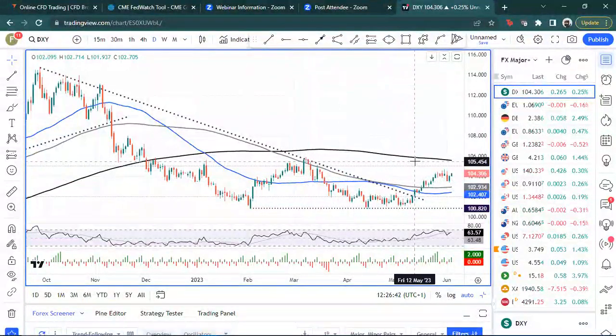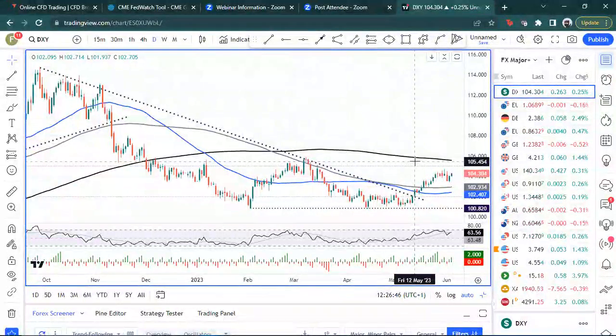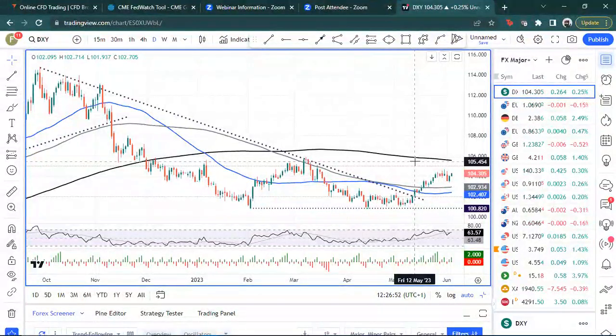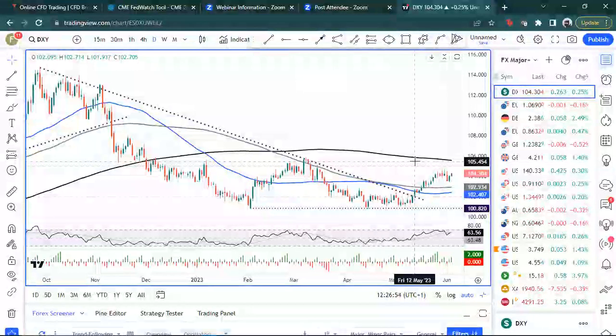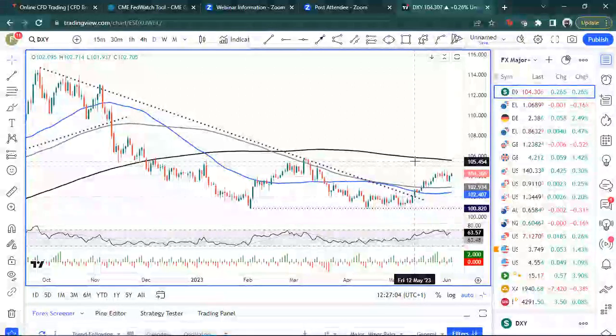That's the DXY. For this week, we've got the Fed's blackout period, of course, 10 days ahead of the FOMC meeting, so we won't hear from any Fed officials on the wires. For this week's data, today we get the ISM services report, and I've mentioned initial jobless claims as well, on Thursday.